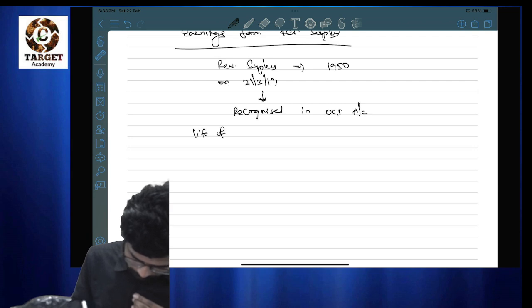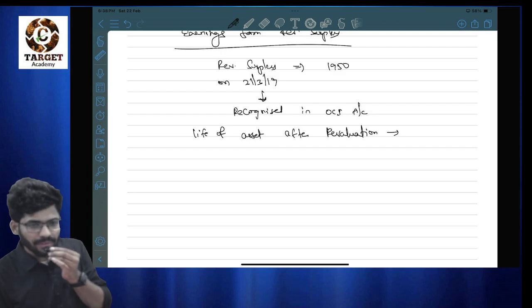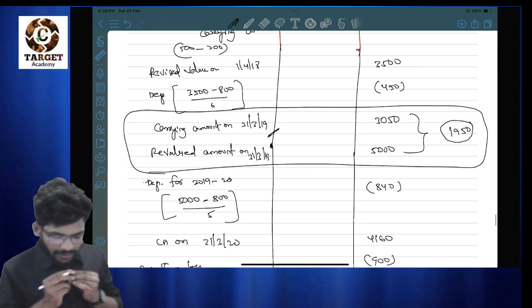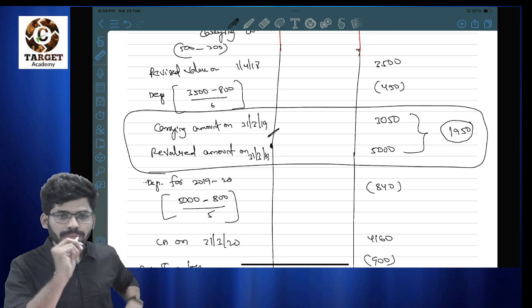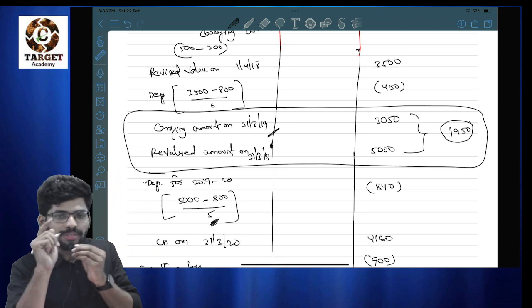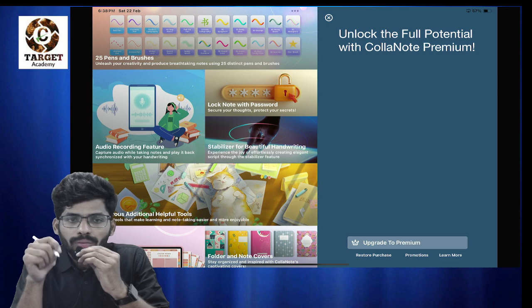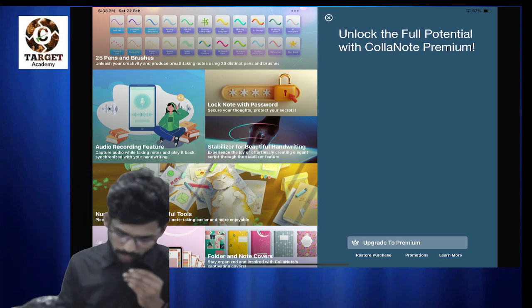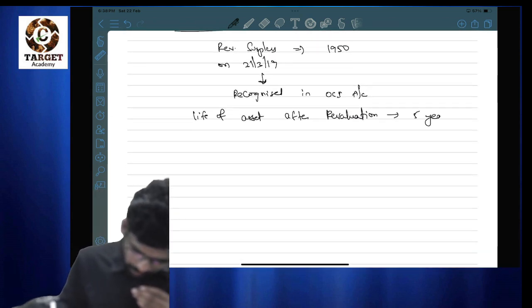Next. Life of asset after revaluation. Please calculate the life of asset after revaluation. The revaluation was done on 31st March 2019. So how many remaining years do we have? 5 years. Which means we need to transfer 1/5 of the amount of revaluation surplus to retained earnings. Correct? So life of the asset after revaluation, how much? 5 years.